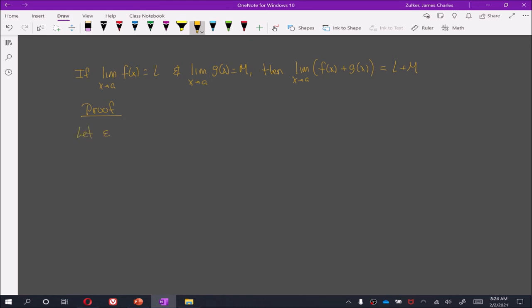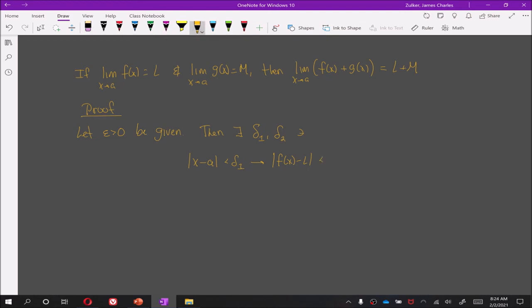Let epsilon greater than 0 be given. Then there have to exist two deltas, a delta 1 and a delta 2, such that the absolute value of x minus a being less than delta 1 implies that the absolute value of f of x minus L is less than epsilon.